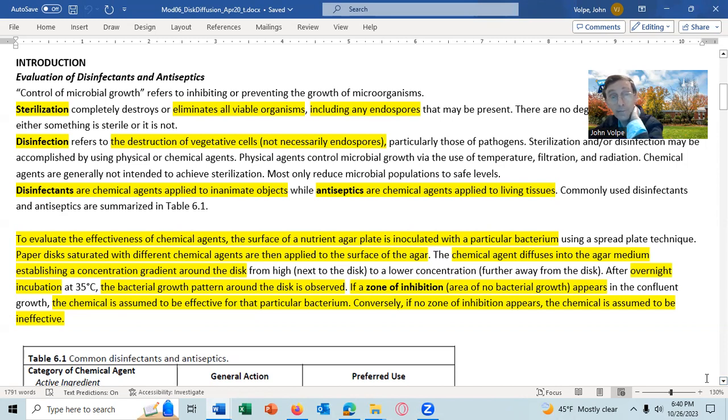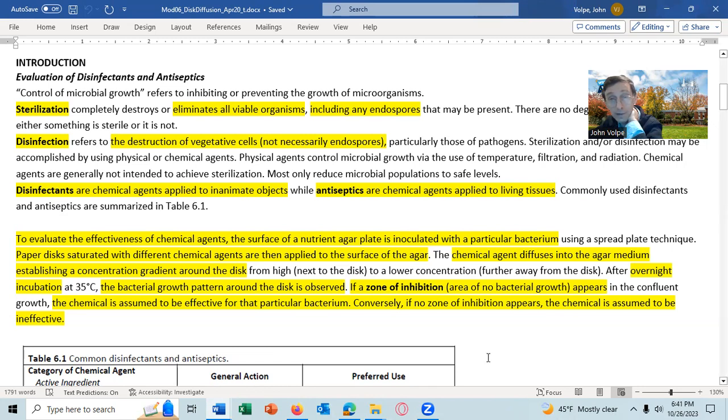To evaluate the effectiveness of chemical agents, you can take a nutrient agar plate and inoculate it with a particular bacteria. And then have the bacteria sit a while before you add a disc saturated with a different chemical agent.